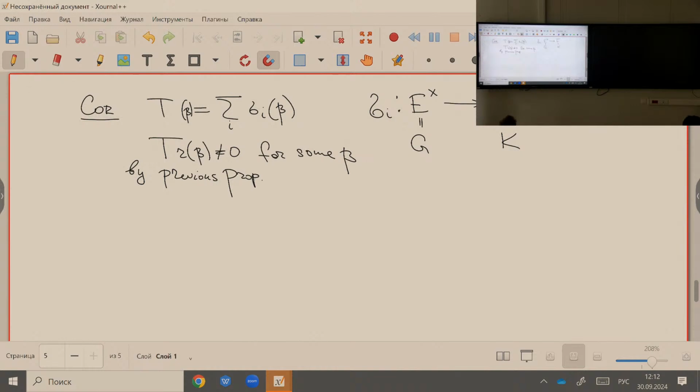Yeah, so let me see. Yeah. So now let us use the trace. So we shall do this application. So yeah, remark.